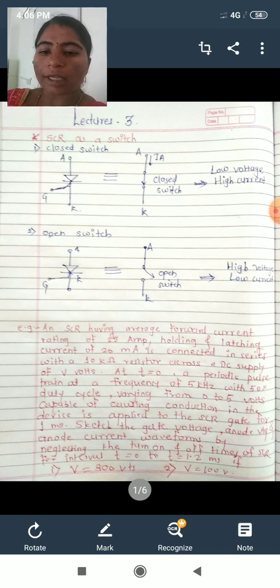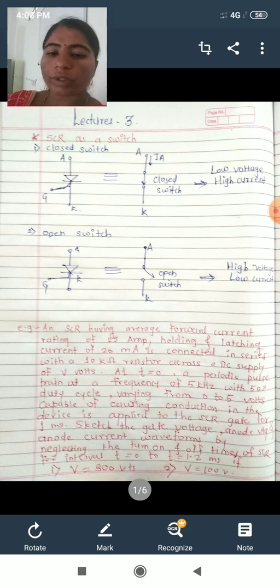Now SCR. First I will read the statement of the problem. An SCR having average forward current rating of 25 ampere, holding and latching current of 20 milliampere, is connected in series with a 10 kilo ohm resistor across a DC supply of V volts.